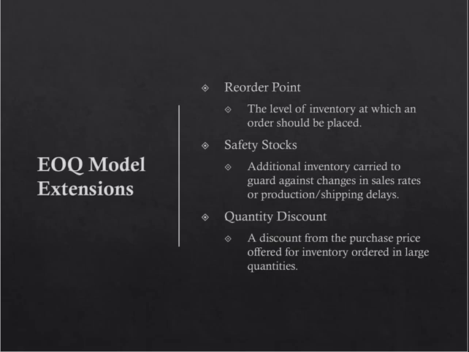So you've got some EOQ model extensions. These are other things that you need to factor in when you get to a complex EOQ calculation. What's the level of inventory at which an order should be placed? So at what point are you going to stock out? Safety stocks: what additional inventory do you need to carry to guard against changes in sales rates or production and shipping delays? So all of a sudden sales start going up and you would assume that sales were going to be flat at that 50,000.